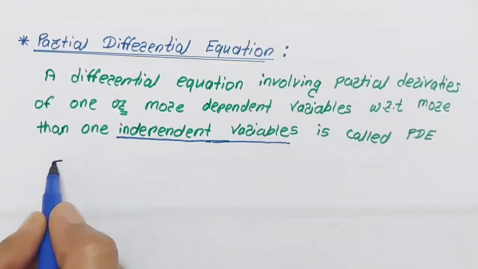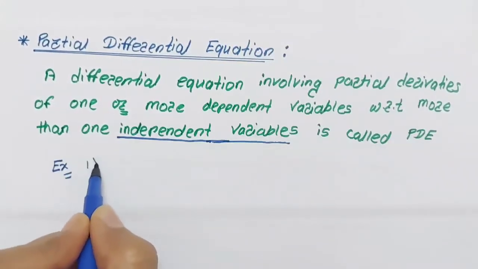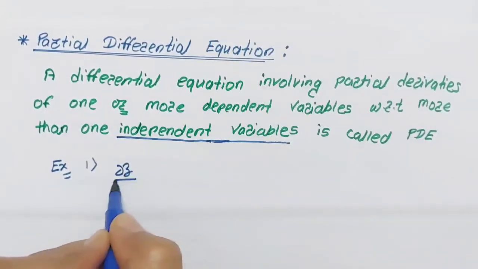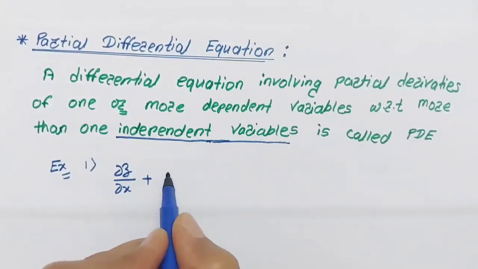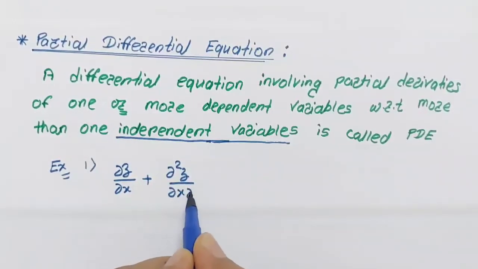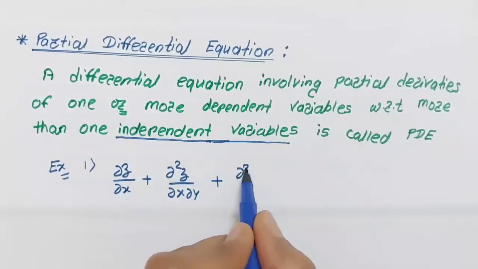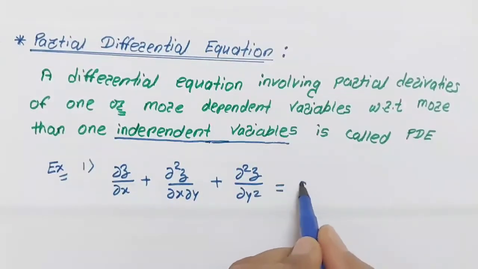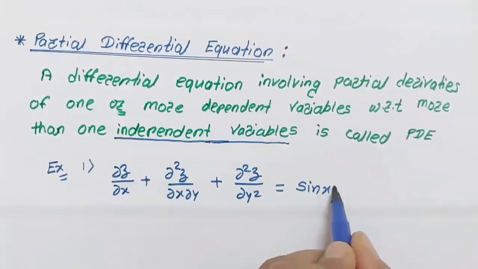Suppose, for example, we have given the equation del z by del x plus del square z by del x del y plus del square z by del y square is equal to sine xy.